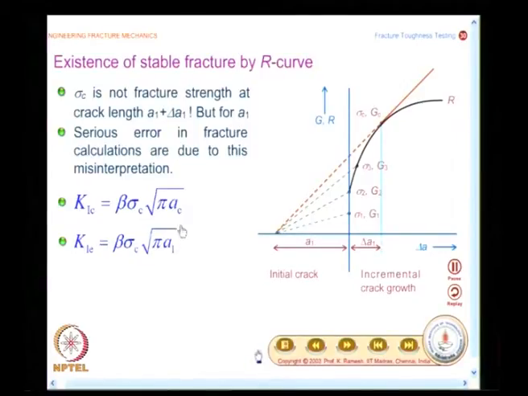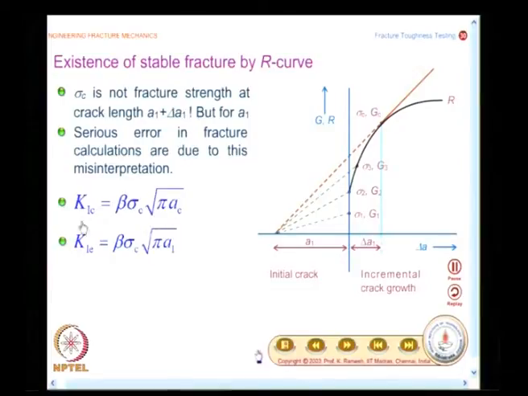So, people have come out with another alternate terminology. If you go by what is K1C, you will simply say beta is your factor for finite geometry, which would be a function of A by W and so on and so forth. Sigma c root of pi a c is what we are accustomed to. That means, you have to give what is the critical crack length A c. You may not be able to even measure it properly.